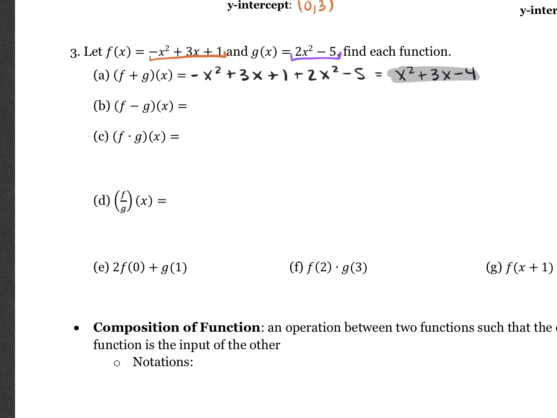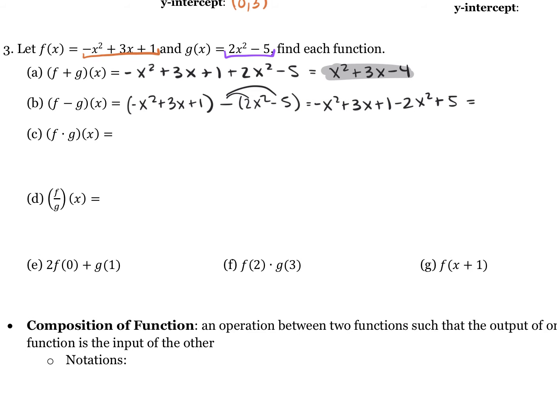(f−g)(x), same thing. We're going to take our f function and then subtract g function. I'm putting it all in parentheses because we need to distribute that negative. So this would be negative x squared plus 3x plus 1 minus (2x squared plus 5).